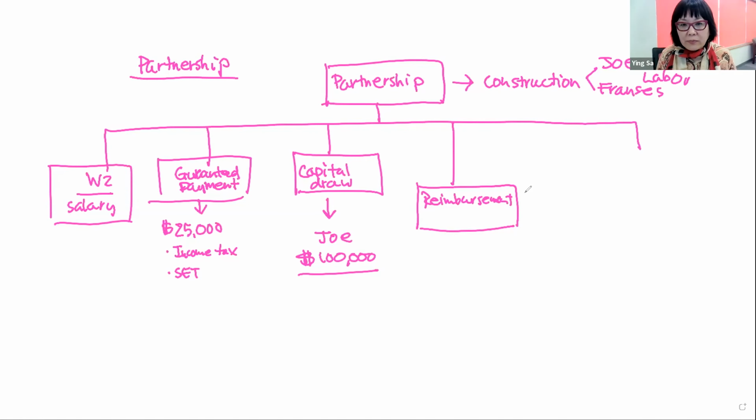It is not a partnership expense unless Francis goes, here's my receipt, please pay me, right? That's called a reimbursement. When the company reimburses a business expense to an employee or to its owner, that is non-taxable. You spent for the company, so the company pays you back. Reimbursement, not taxable.